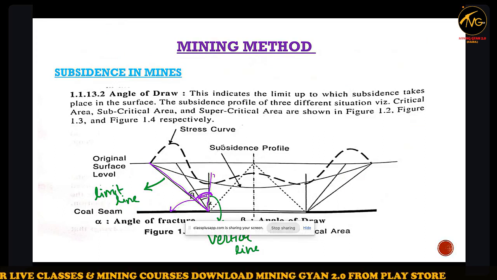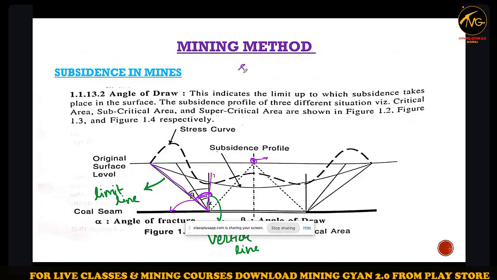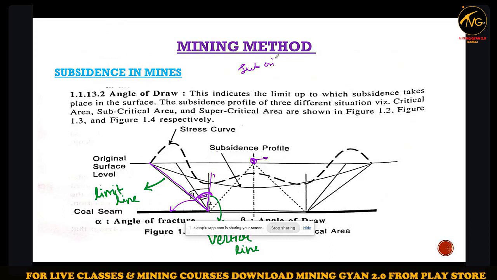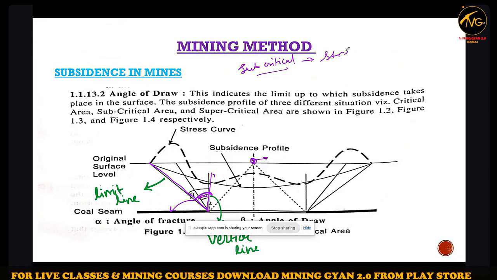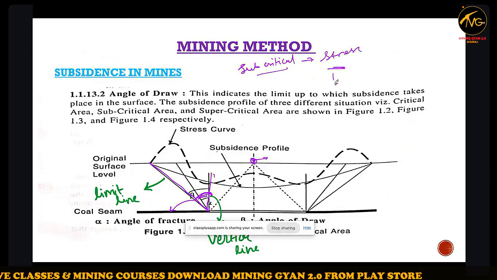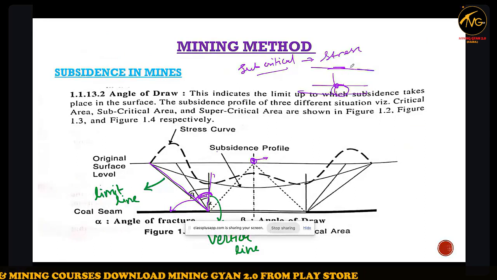So what is critical subsidence? In critical subsidence, stress is generated only at a single point. In the subcritical case, stress does not generate on the surface. It may be generated at the bottom or the working faces, but it will not generate on the surface.